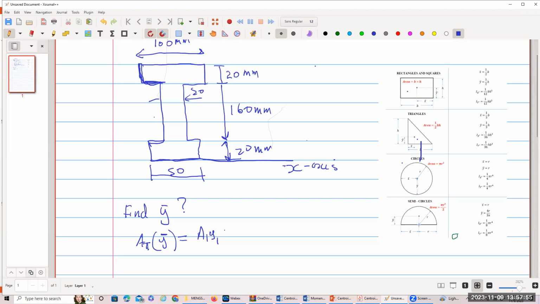That's y bar, a virtual axis. We're going to separate it into 3 parts. I'm going to label them now. I'm going to call this one A1.